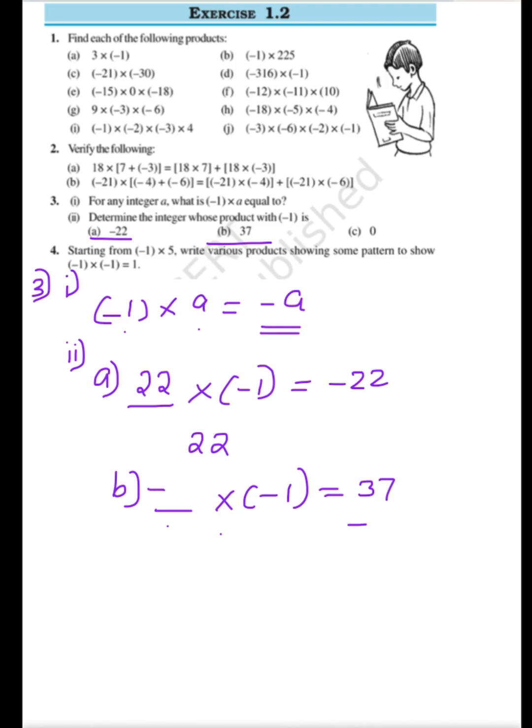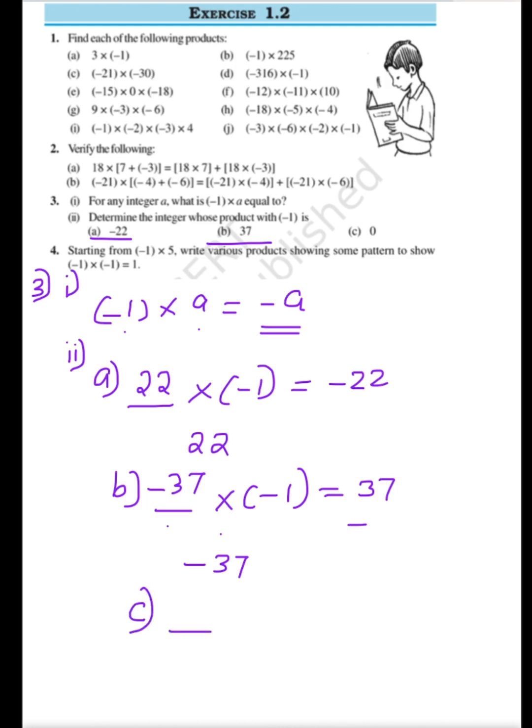So here minus 37. Okay, only then you will get 37 in the answer. If you want to get 37 in the answer, there should be a minus sign here, then only minus into minus will become plus. So the answer for B will be what? Minus 37. Understand?